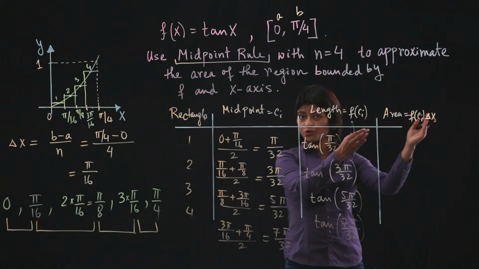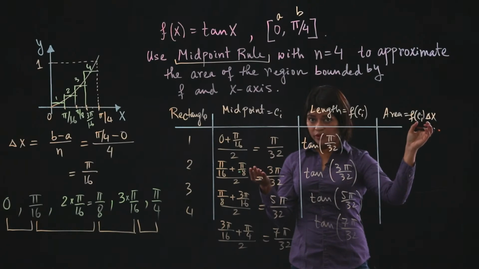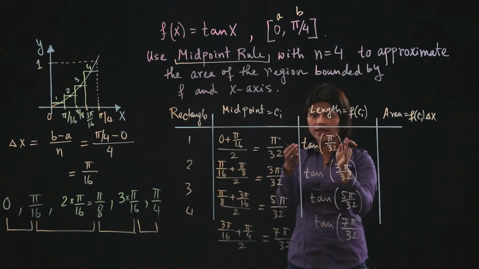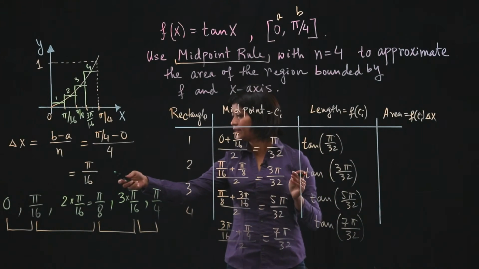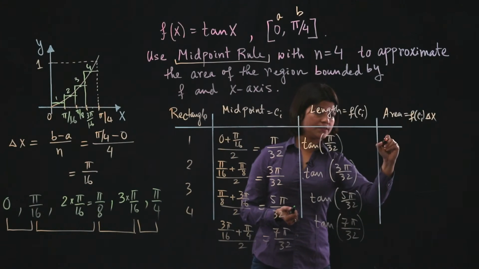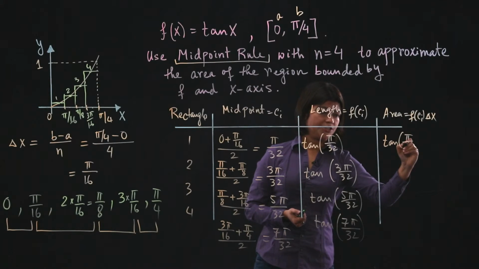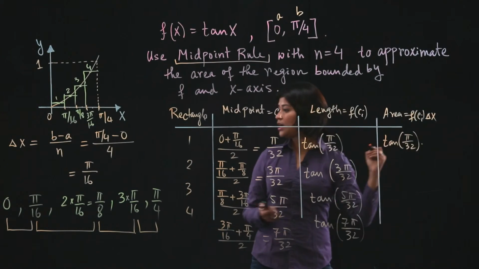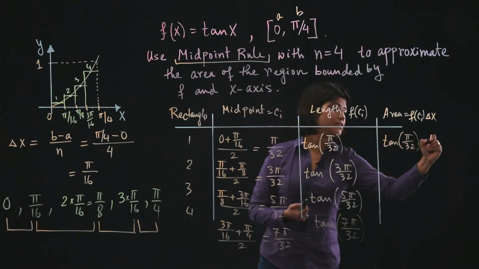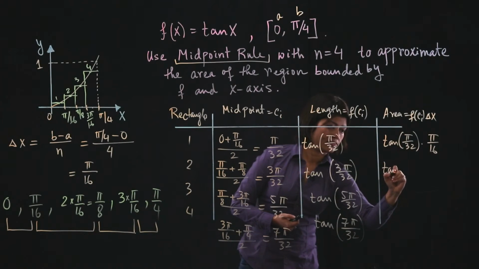We know that each one of the rectangles has the same width, delta x. So you just multiply the length with delta x, which is pi over 16. So the area is tangent of pi over 32 times pi over 16, and so on for the rest.